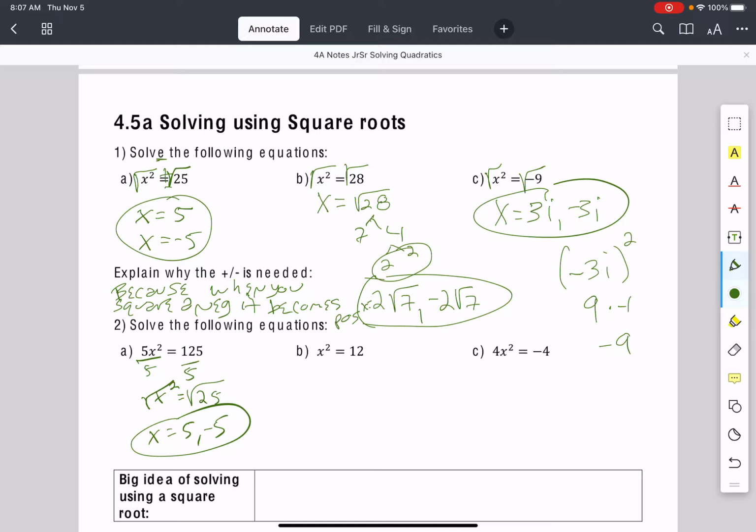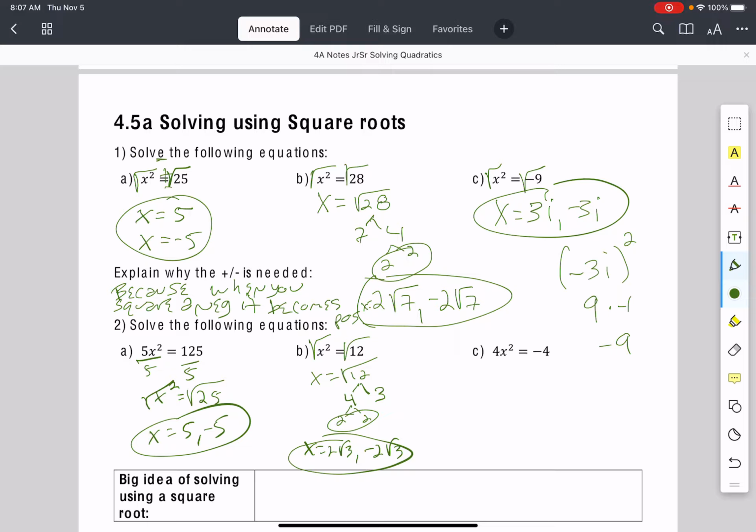Nope, okay. Is the square root of 12 a perfect square? So that means I'm ready to factor tree. Which one is going to go in the radical, the 2 or the 3? The 3, the one without the pair. Good. So x equals 2 root 3 and negative 2 root 3.